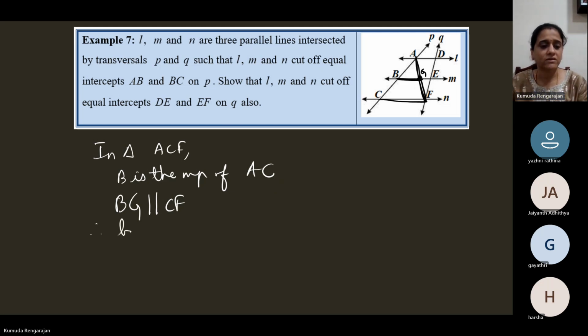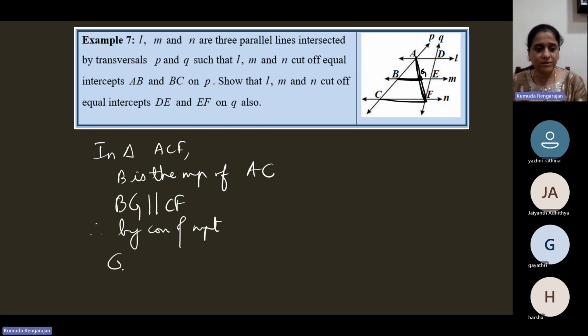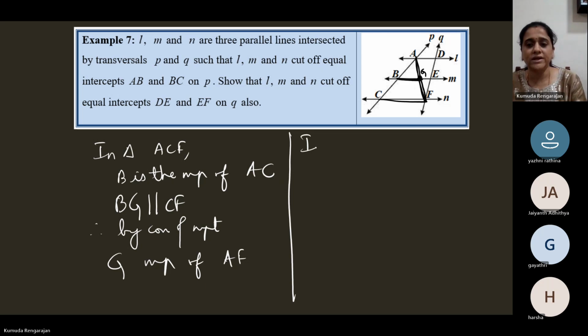Therefore, by converse of midpoint theorem, G is the midpoint of AF. Now in triangle ADF.